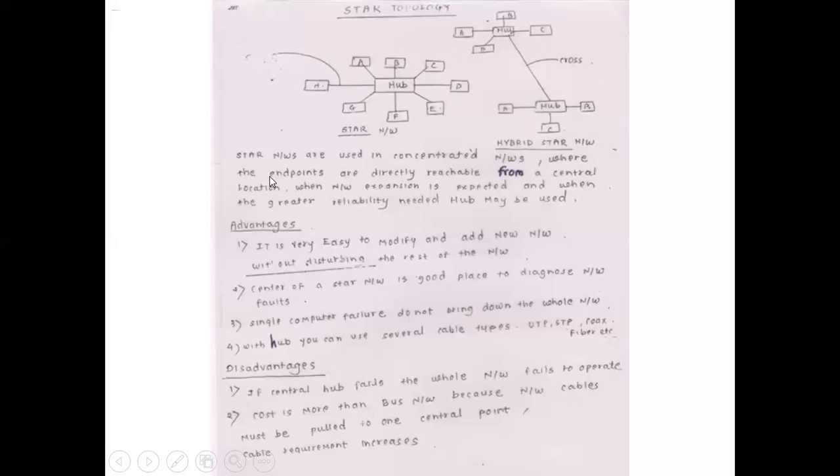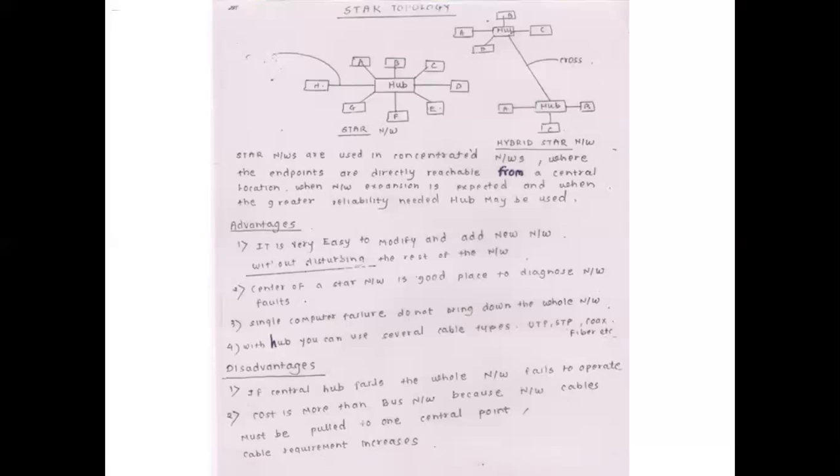Now the description. Star networks, that is the topology, are used in concentrated networks where the endpoints are directly reachable from a central location. When network extension is expected and greater reliability is needed, a hub may be used.